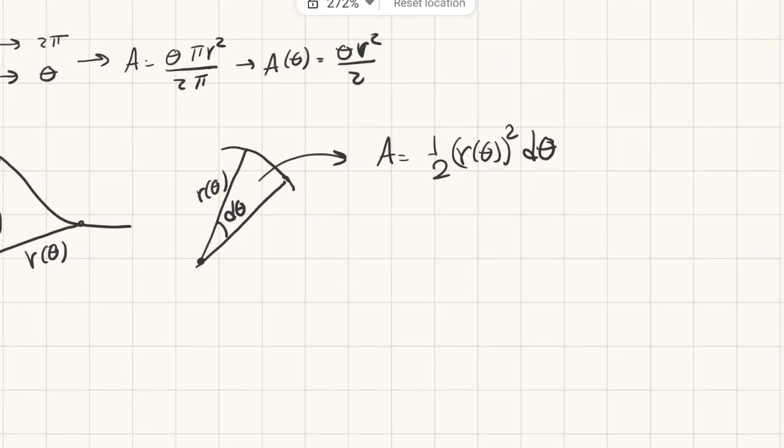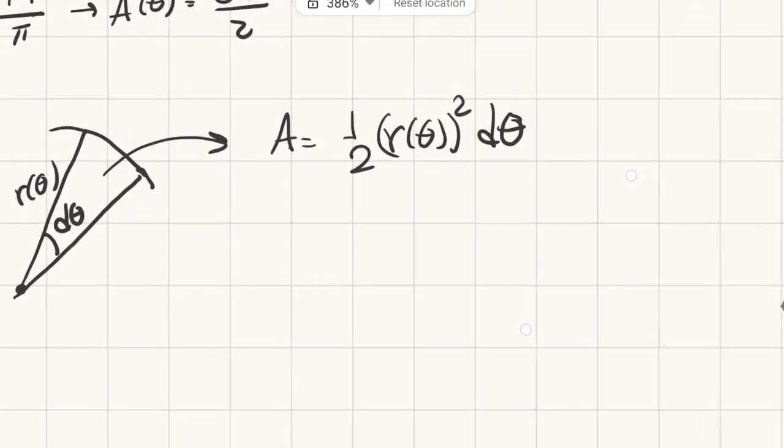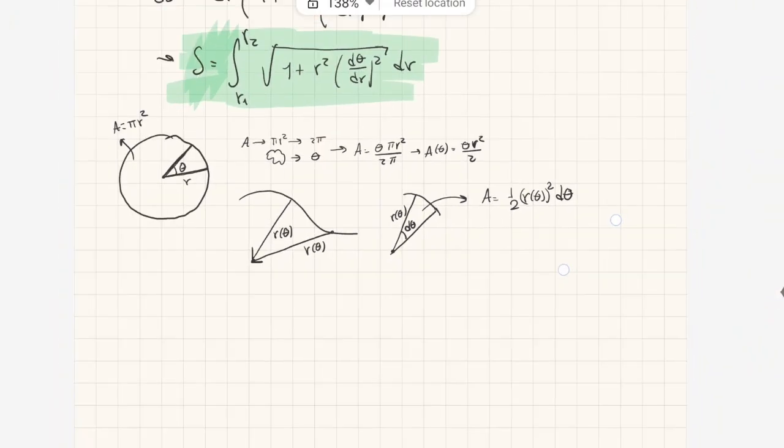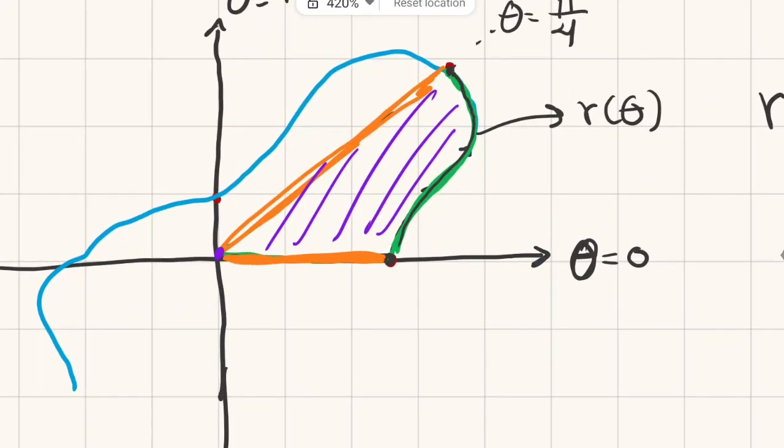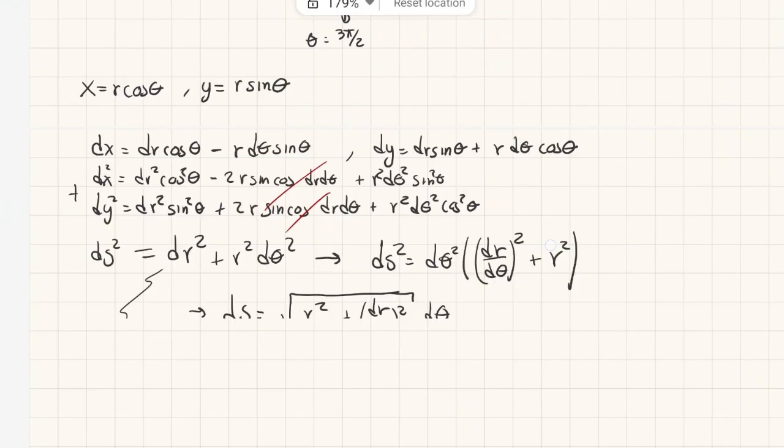Okay, so as you should guess, to establish what is the total area of the piece that we want to measure, well, we need to integrate from an initial angle to a final angle. Again, if we would like to calculate this area over here, well, we may need to integrate that function that we found from theta equals 0 to theta equals pi divided by 4.